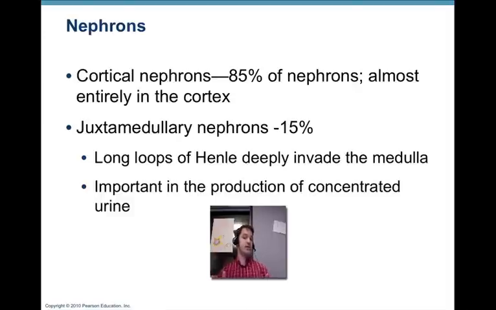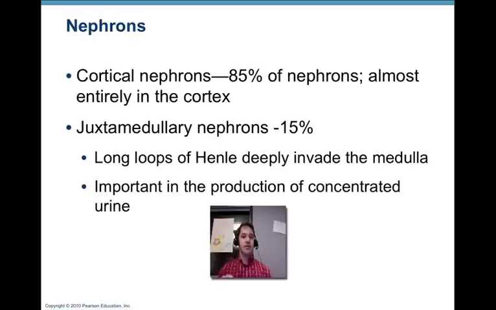Nephrons. When we looked at this in class with our labeling exercise, there are cortical nephrons and juxtamedullary nephrons. Most nephrons are cortical nephrons, and they exist mostly in the cortex of the kidney. They only descend a little bit down into the medulla.